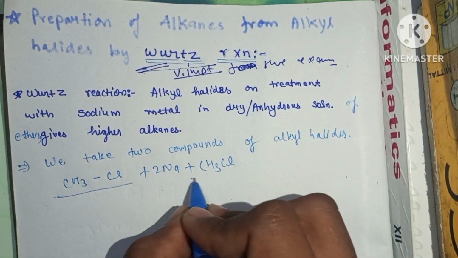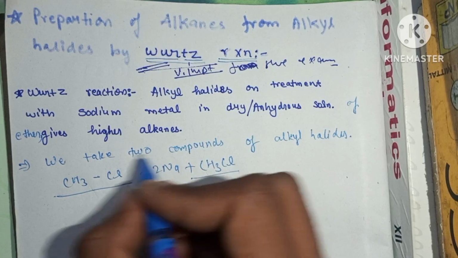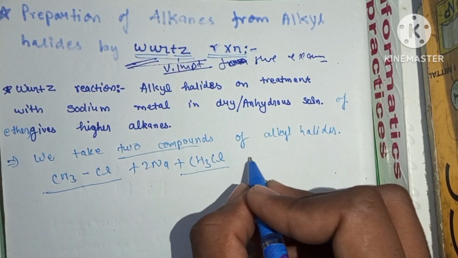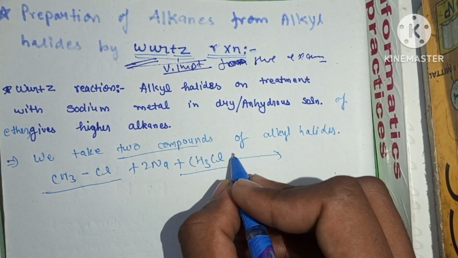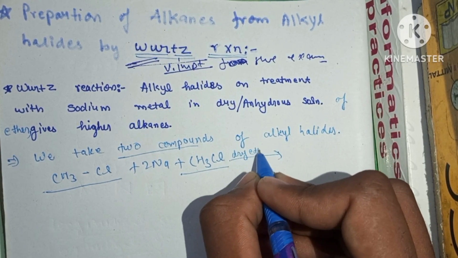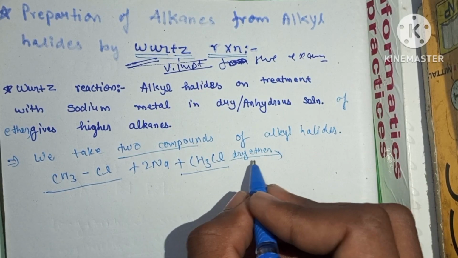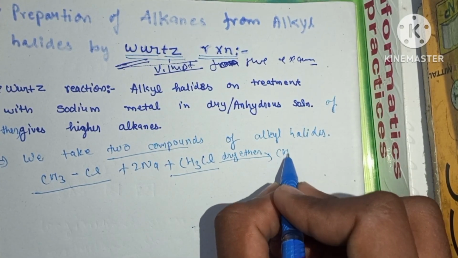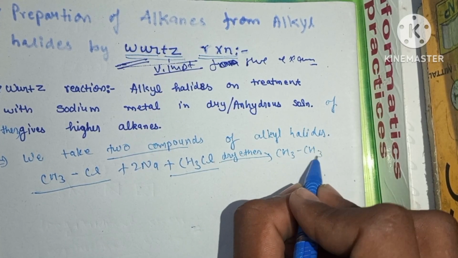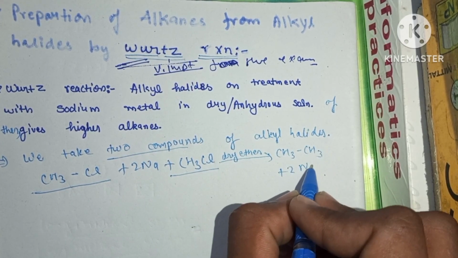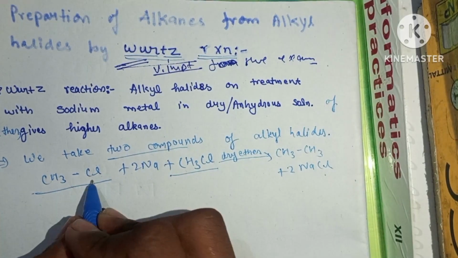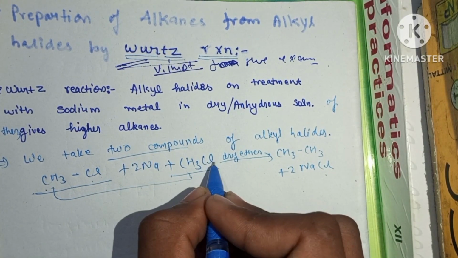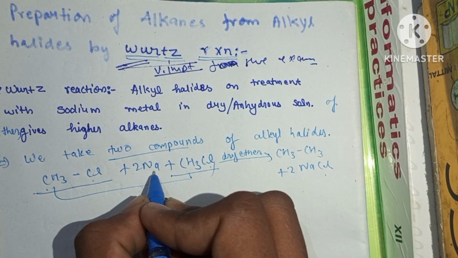One compound is this and another is this CH3Cl. We take two compounds on treatment with dry ether. On treatment with the dry ether, the output is CH3-CH3 plus 2NaCl. This Cl and this Cl are removed from both compounds and attach to the sodium metal.